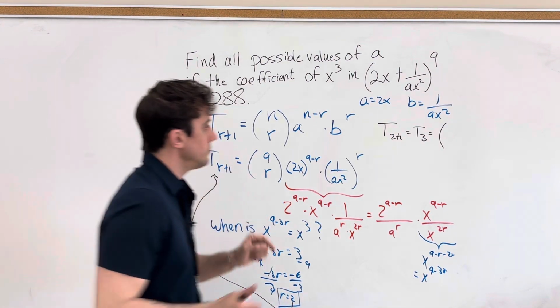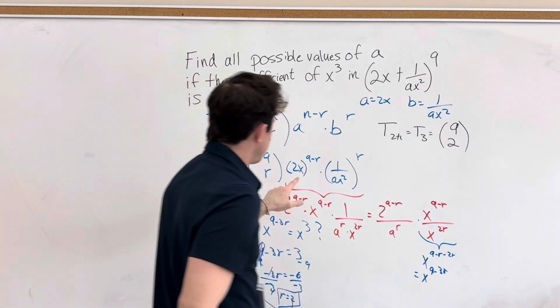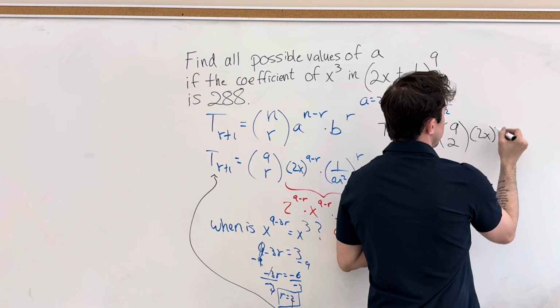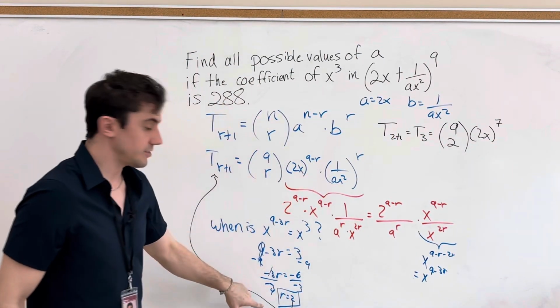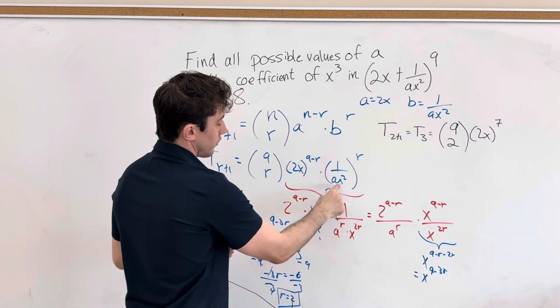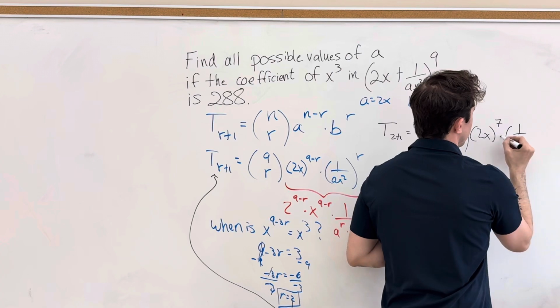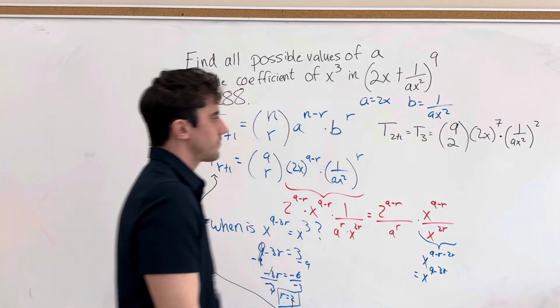So 9 choose 2 times 2x to the 9 minus 2. So that'll be 7, right? Times 1 over ax squared to the power of r, to the power of 2, times 1 over ax squared, right?